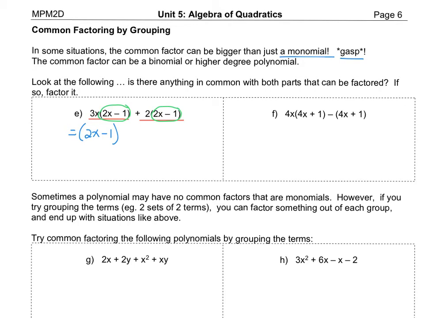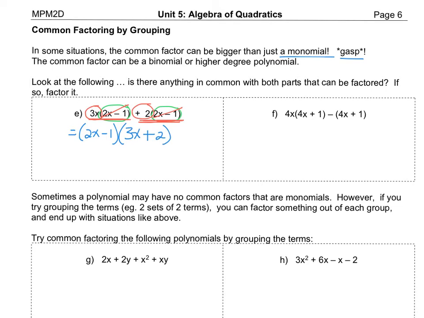When I divide the 3x times 2x minus 1 by the 2x minus 1, it gets rid of that 2x minus 1 and leaves you with a 3x. So in this bracket, we would have to times it by 3x. Similarly, when I take this 2 times 2x minus 1 and divide it by 2x minus 1, I'm left with a plus 2. So that is our factored form for that.